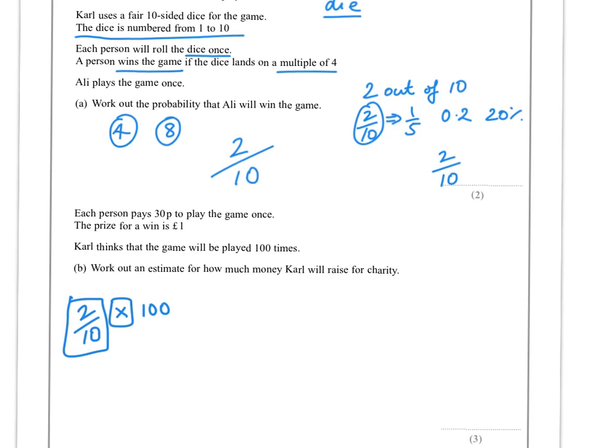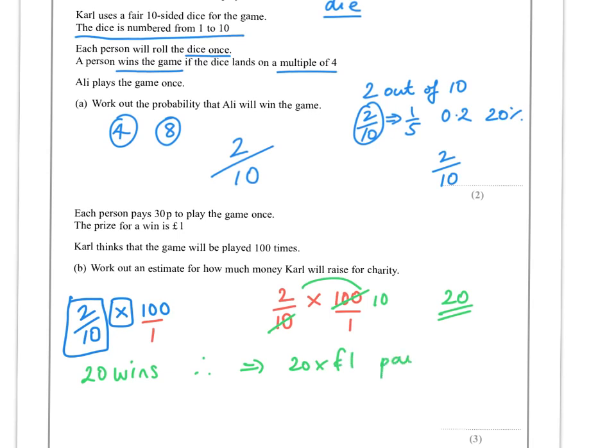Now, if you treat it like a fraction question, 2/10 times 100, then you can cancel 10s into 100 is 10, and you've got 2 times the 10 is 20. Now what that means is that's how many times someone would expect to win if the game is played 100 times. So you can clearly write there 20 wins, therefore you would have 20 times £1 paid out, and that would be a total of £20 paid out.